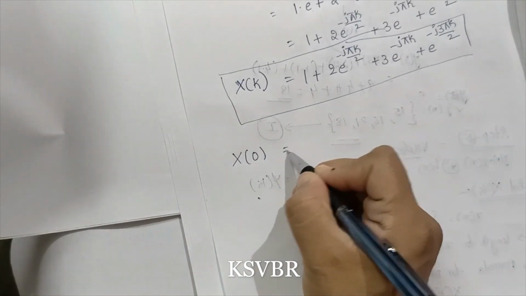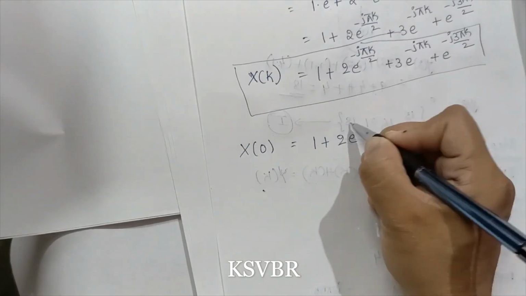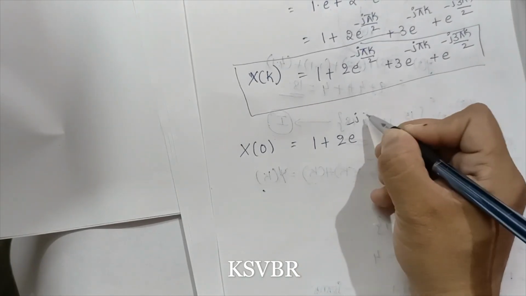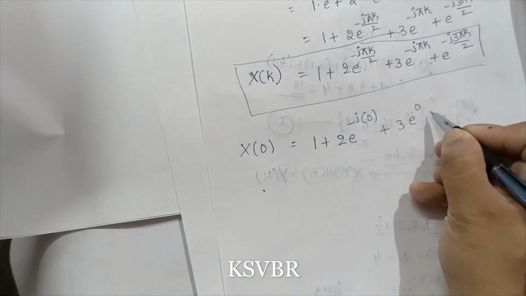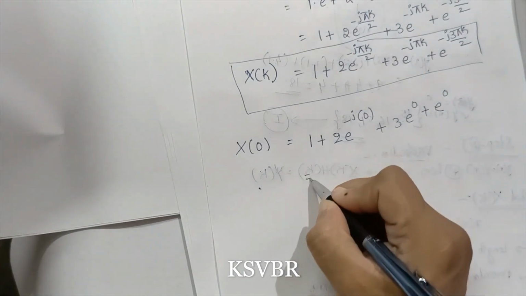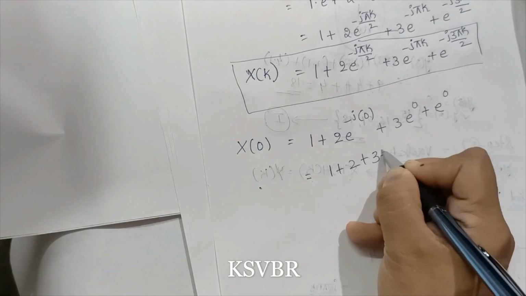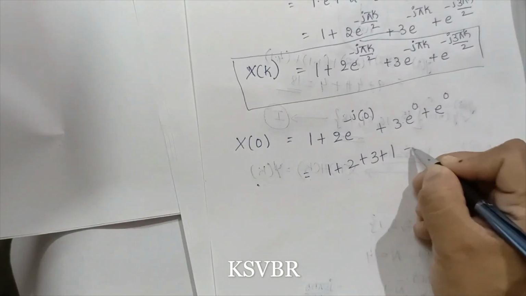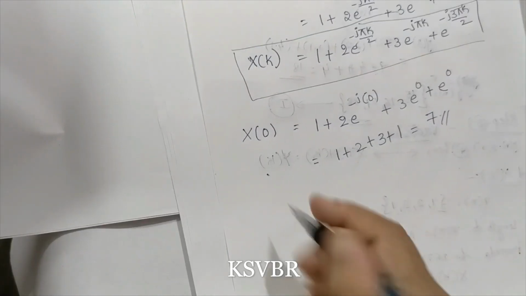So simply substitute k equal to 0. So x of 0 is equal to 1 plus 2 into e power 0 plus 3 into e power 0 plus e power 0. So it will be 1 plus 2 plus 3 plus 1. 5 plus 2, that is 7. So x of 0 value is 7.